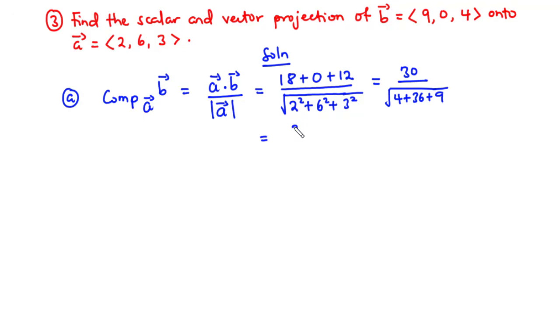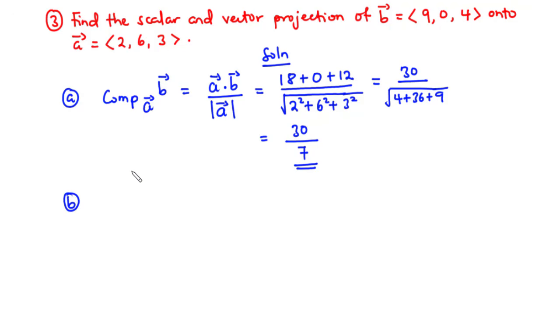So we have 30 divided by, now 4 plus 36 is 40, 40 plus 9 is 49. So we have the square root of 49, and the positive square root of 49 is equal to 7. So we have 30 divided by 7, and basically this is the scalar projection of vector B onto vector A.